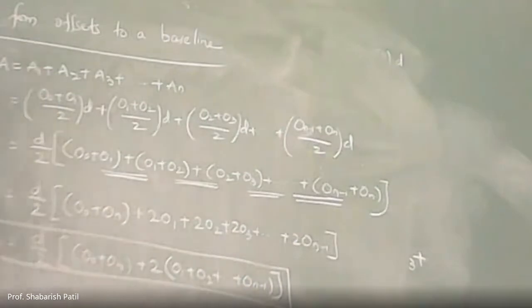Next, we'll go for the next rule, that is Simpson's 1/3 rule. Sorry, fourth rule. The third one is the trapezoidal, we just derived the expression. The fourth rule is Simpson's 1/3 rule.